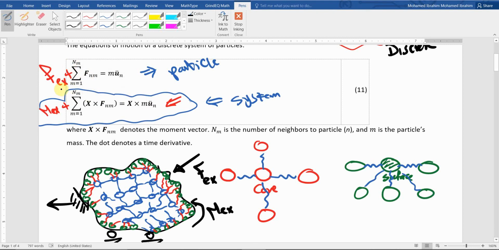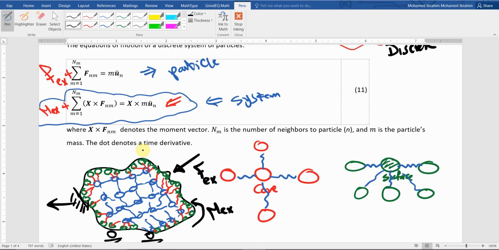And if you remember from mathematics, one of the applications of integration is that you sum things over each other. Like when you integrate a field or a function, you calculate the function at different points, then you sum all of these values of the function at these different points to end up with the integration.